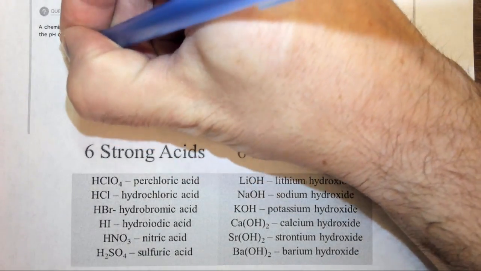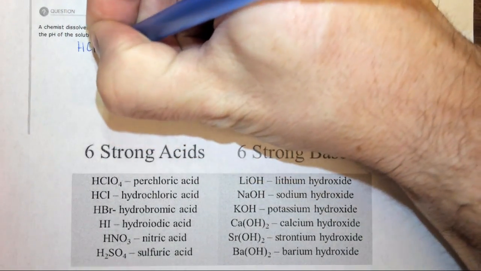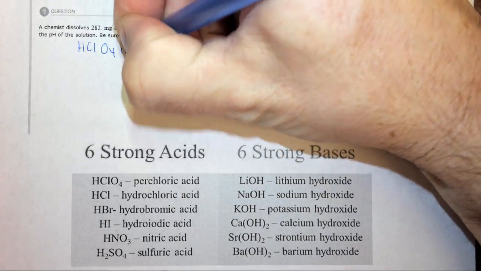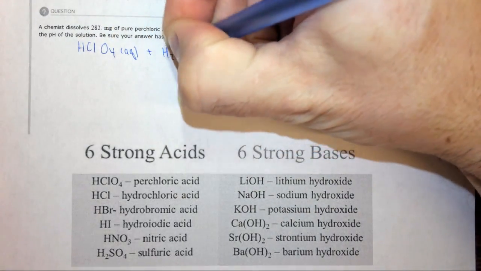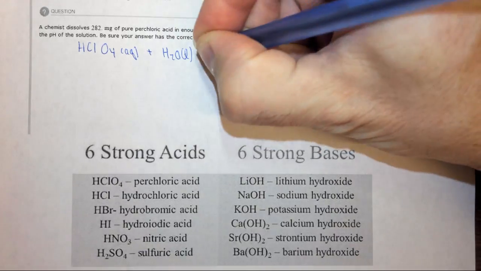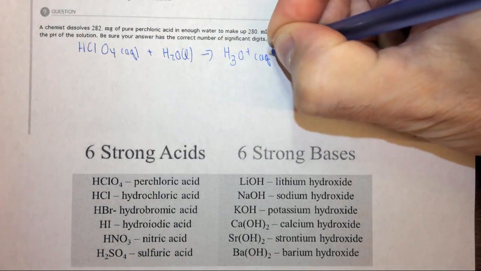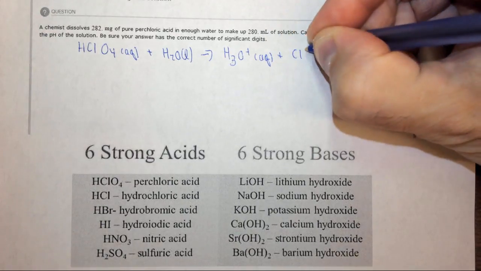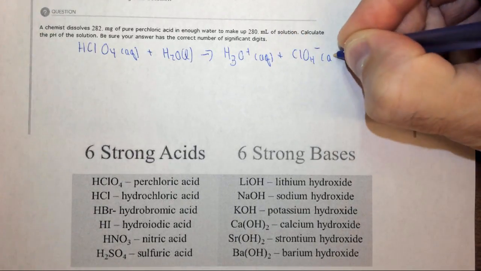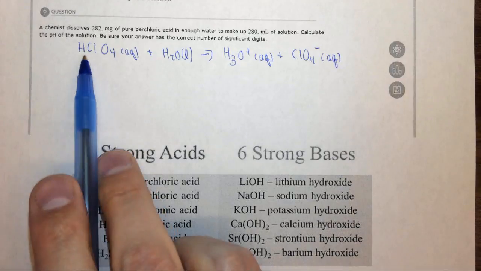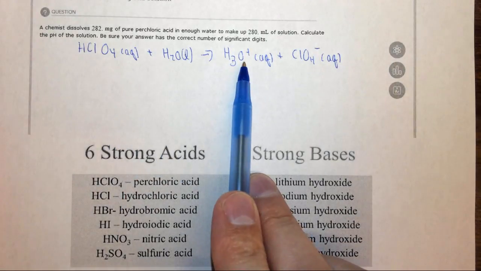When we dissolve a strong acid like perchloric acid, HClO4, in water, it completely reacts with the water to form H3O plus, aqueous, and ClO4 minus, aqueous. So it'll completely react with the water to form H3O plus.